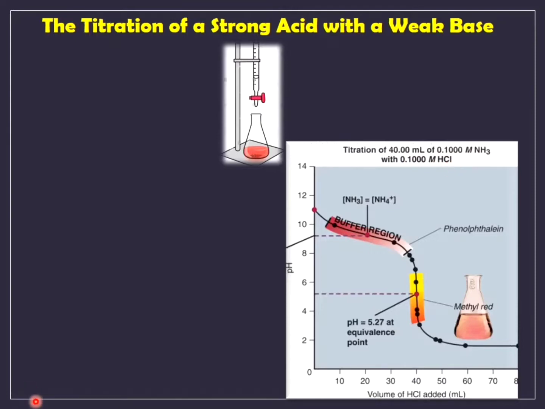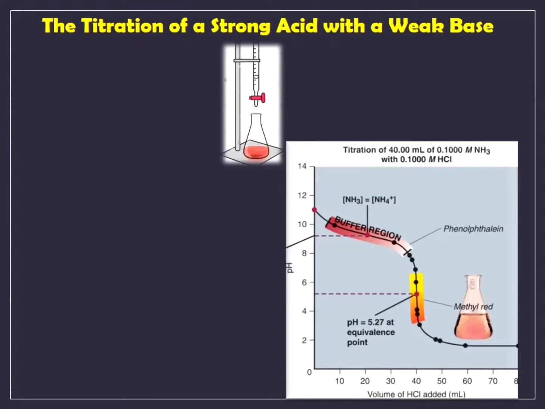Now I want to ask you, so which one should be our analyte? Yang mana akan jadi analyte? Adakah acid? No. So look at the volume here. The volume given for ammonia, class.